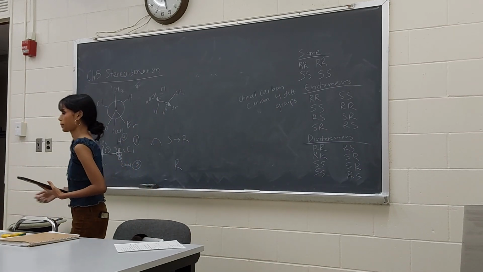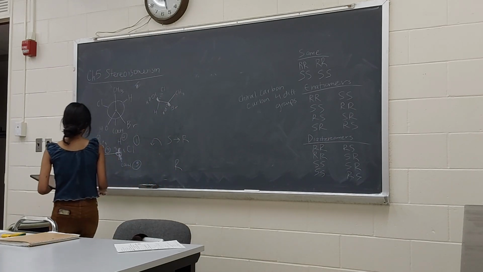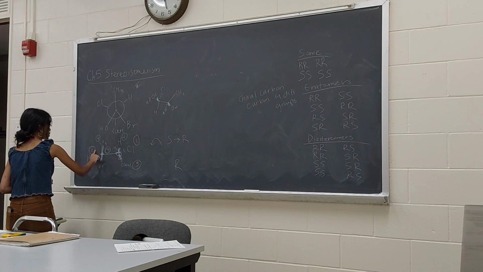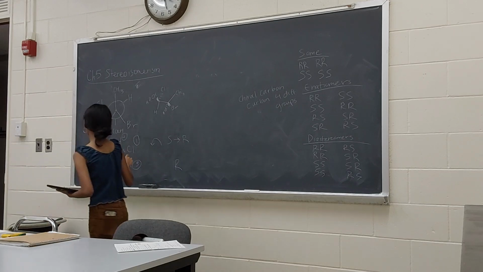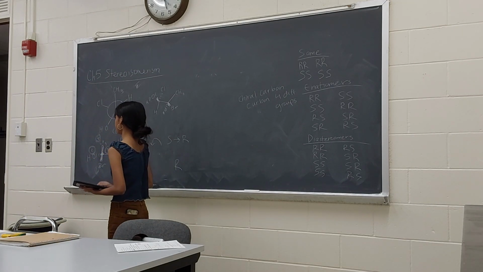And what was the priority for the second chiral carbon? Br is first, oxygen is next, and then the carbon with chlorine versus the carbon with just hydrogens. Thank you.